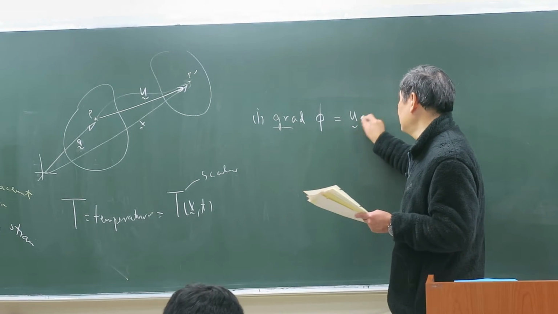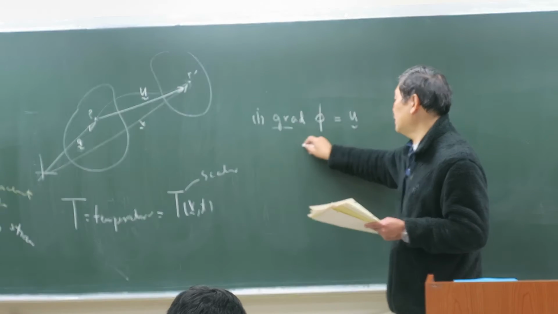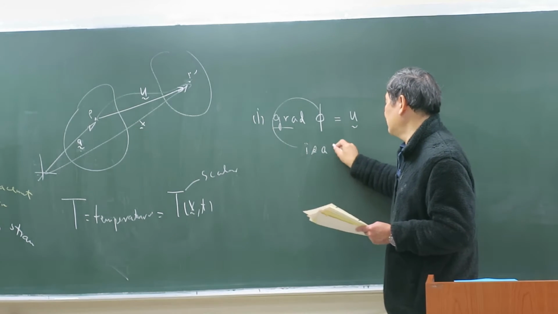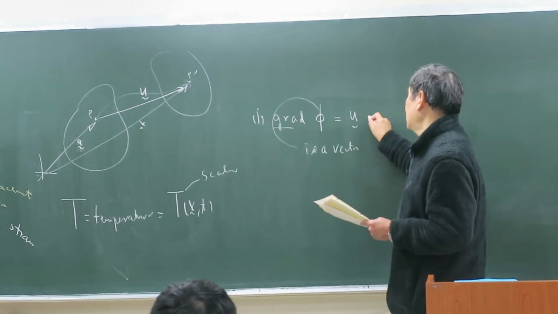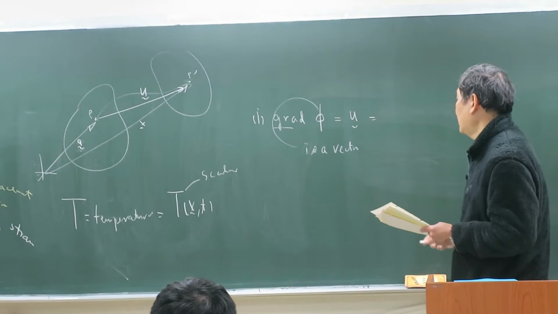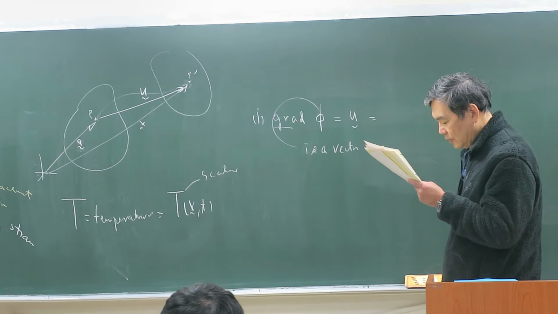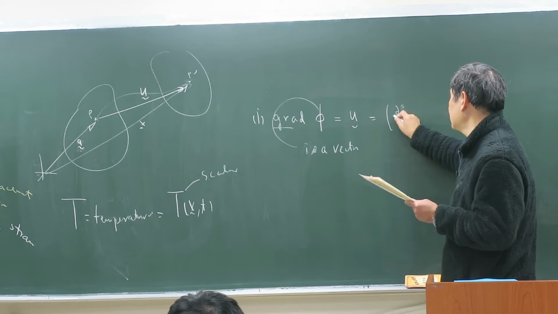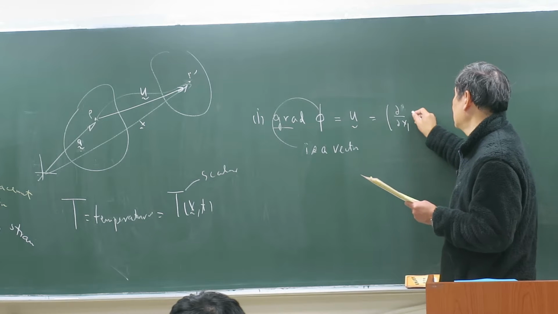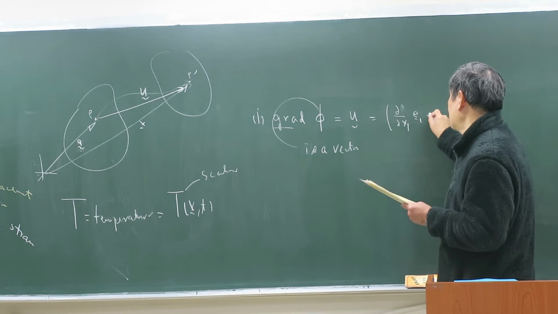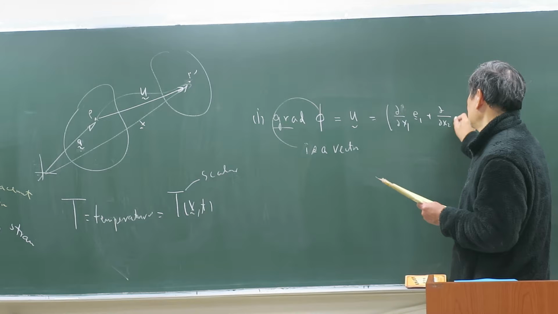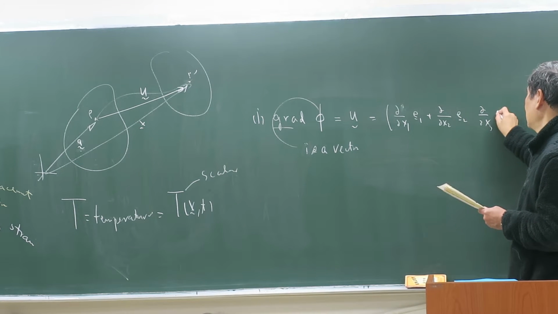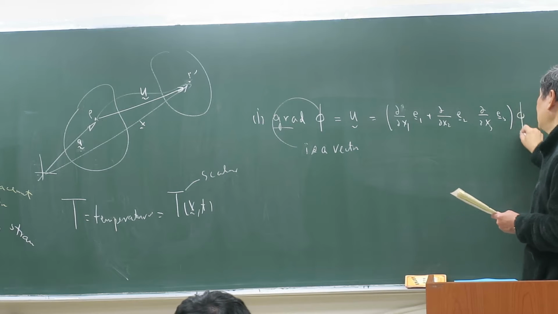Let's say u is a vector, so gradient u is a vector, and this will be like e1 partial x1 plus partial x2 e2 plus partial x3 e3 acting on phi.